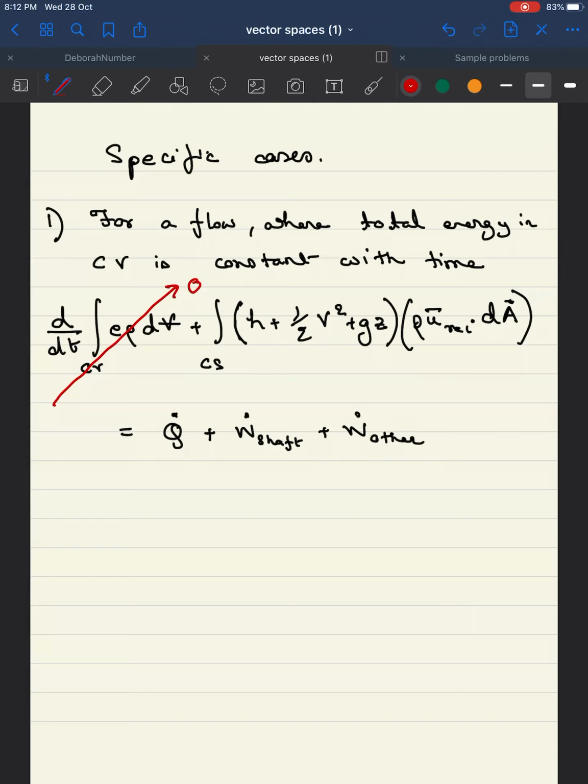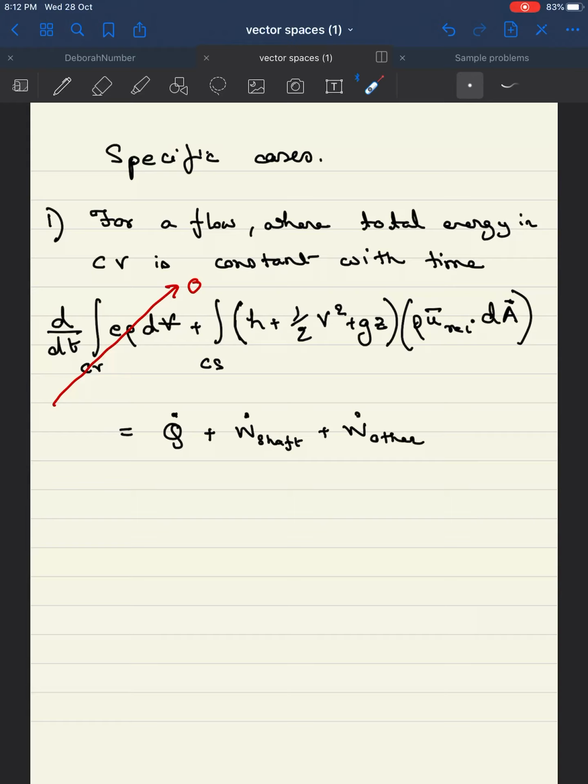That's the idea. If you ignore this term, then we have only this integral equal to this particular term. We are going to simplify it in stages, so we'll see why we are doing this. There is a reason behind this madness, but we'll see how it leads to a particularly useful form in a few minutes.